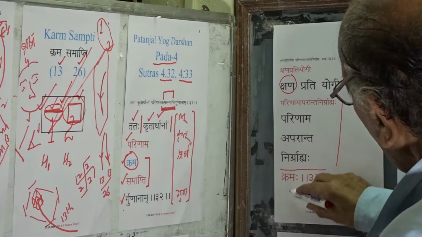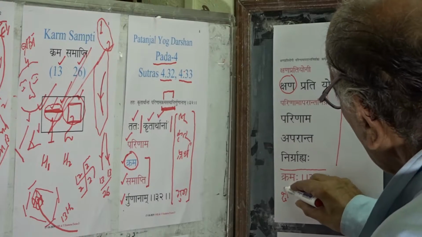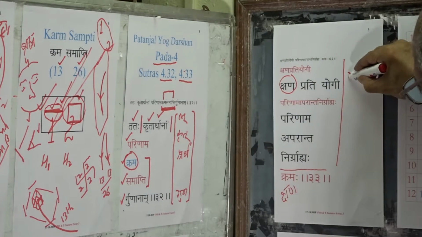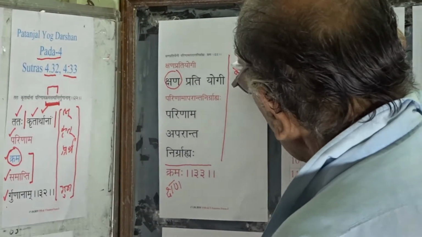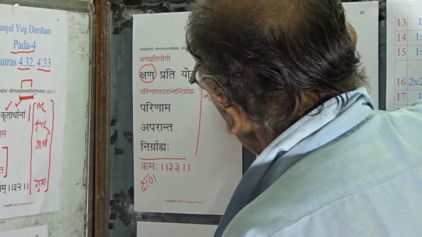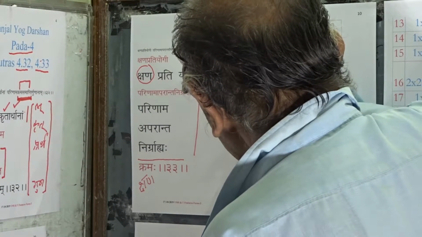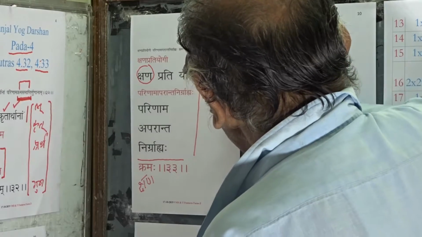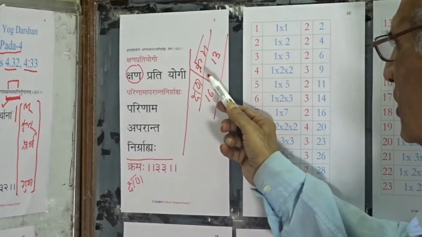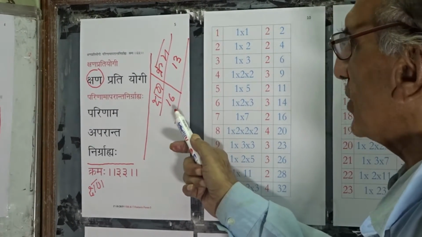Now, Kram and Kshana are the pair of formulations. See, the formulation Kram is of TC value 13 and formulation Kshana is of TC value 16. See, it is parallel to the format of 13 Ganita Sutras and it is formulation of 16 Ganita Sutras.